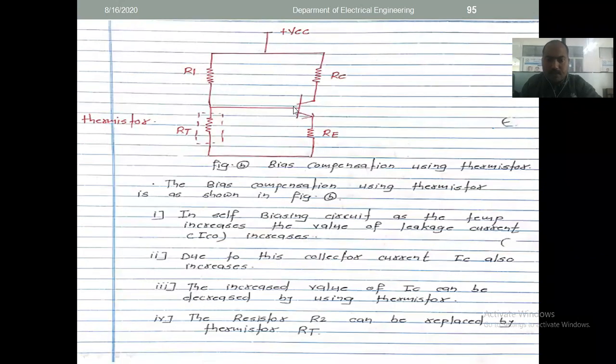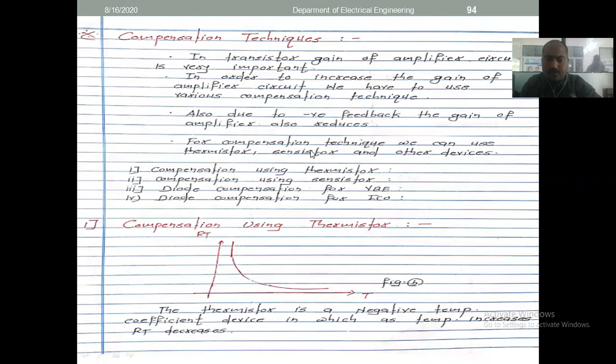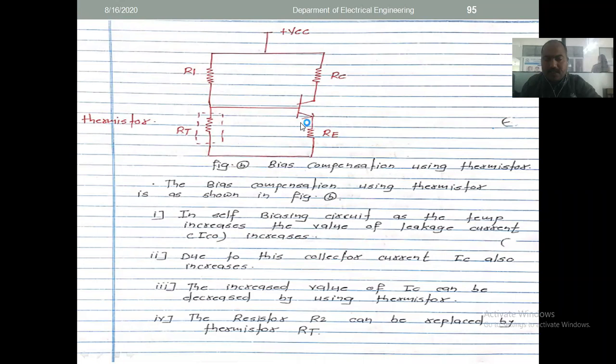So the base voltage decreases, which means the voltage applied between the base and emitter terminals, the base to emitter voltage, also decreases. And as the base to emitter voltage decreases, the current across it, that is the base current, also decreases, right?